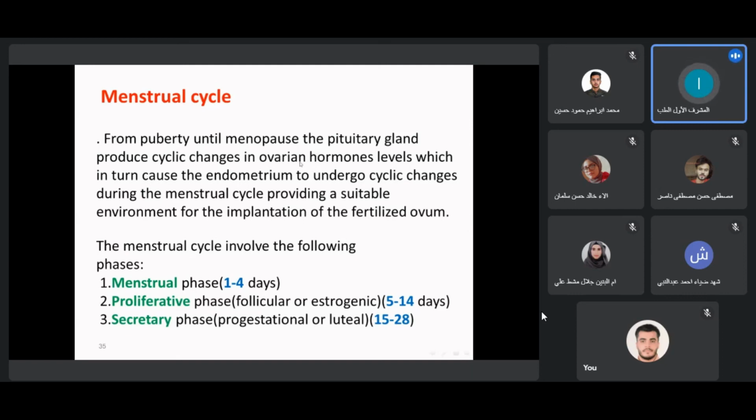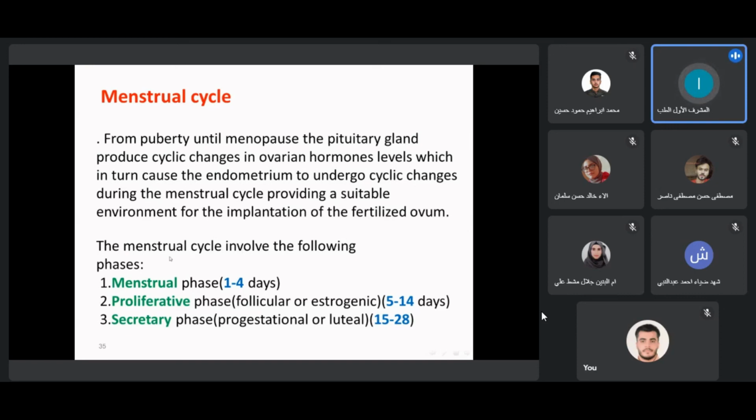The hormones released from the ovary, the estrogen and progesterone, under the influence of pituitary gland hormones, will in turn act on the endometrium, causing also cyclical changes during the menstrual cycle. The changes in the ovarian cycle coincide with the changes in the uterine cycle or menstrual cycle.